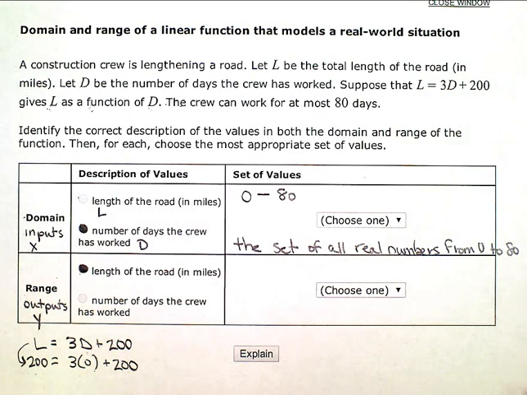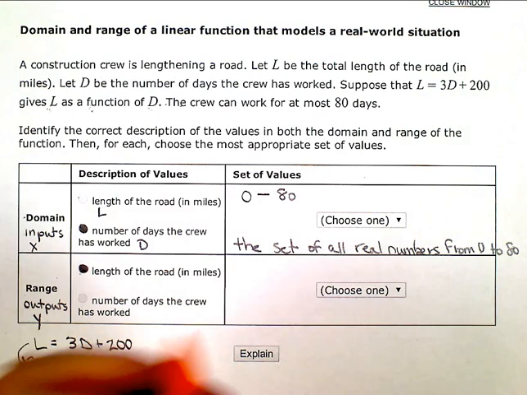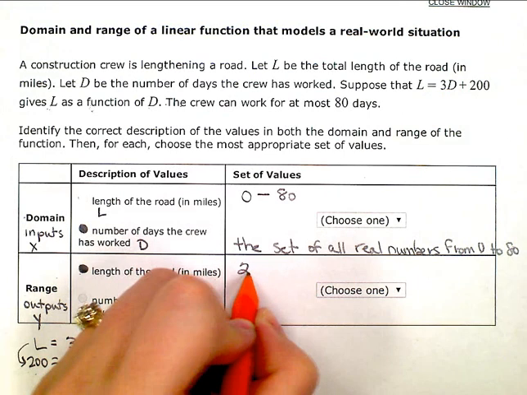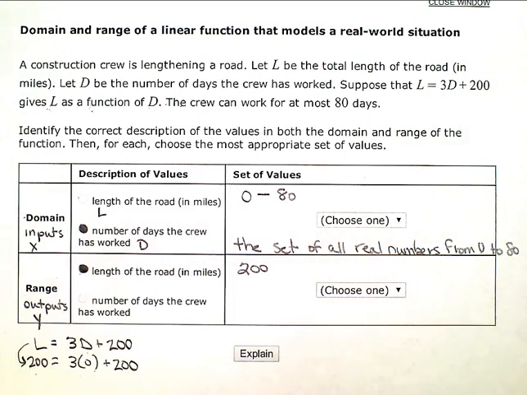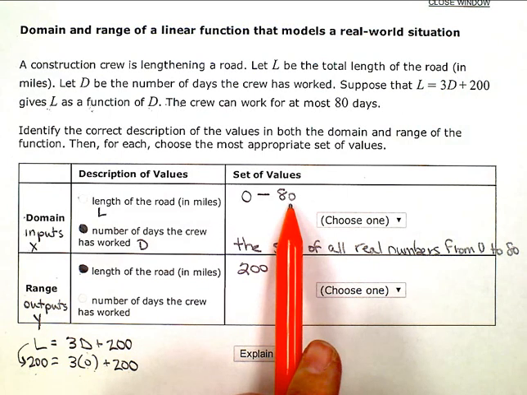So the very minimum, the starting length of the road before the crew started working, was 200 miles. So the very minimum length of the road is going to be 200 miles when they worked 0 days. Now I want to know what's the maximum length of the road. So at the other end, if they work all 80 days, how long could the road get?